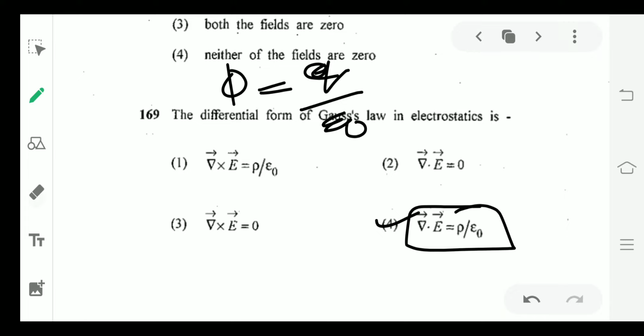By this we know that the flux of electric field lines passing through a unit area is E dot dA. So by deriving this formula we will get this result. I am not calculating the whole thing. So fourth option is our answer.